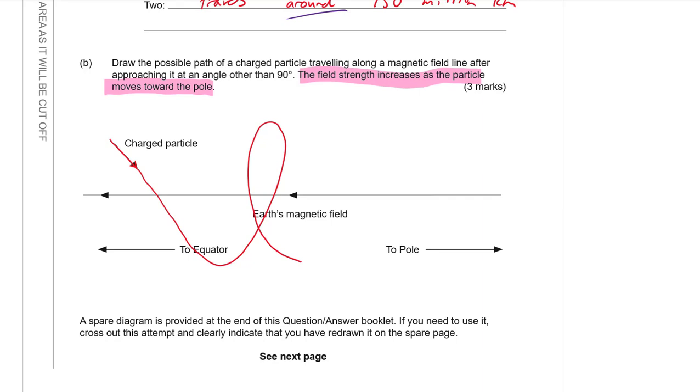So if the field strength is increasing, then you know that the radius of that turn will decrease. So as you come closer to the poles, what you would need to show is that the radius of that turn gets smaller. So something like that is what you would draw.